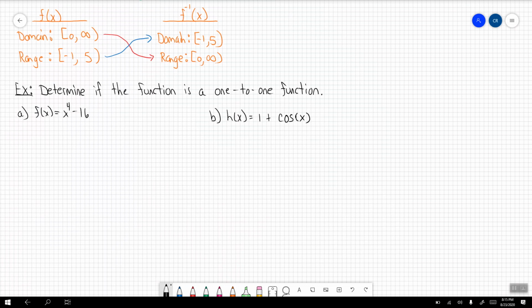So I want you to take some time and try to visualize these functions. Excuse me, for the second function, I forgot to add the restriction where x is bounded between 0 and pi. There we are. That's better.